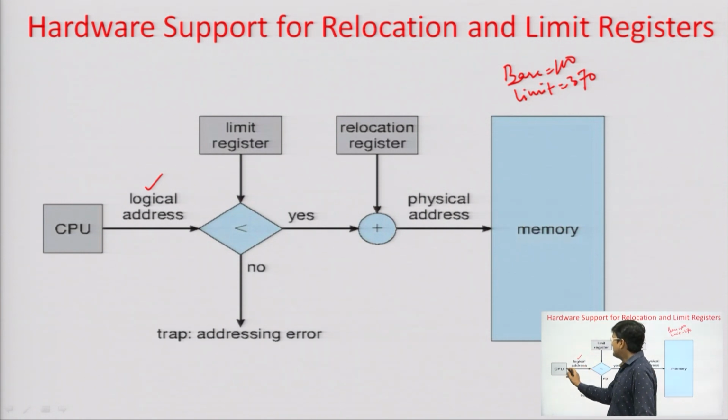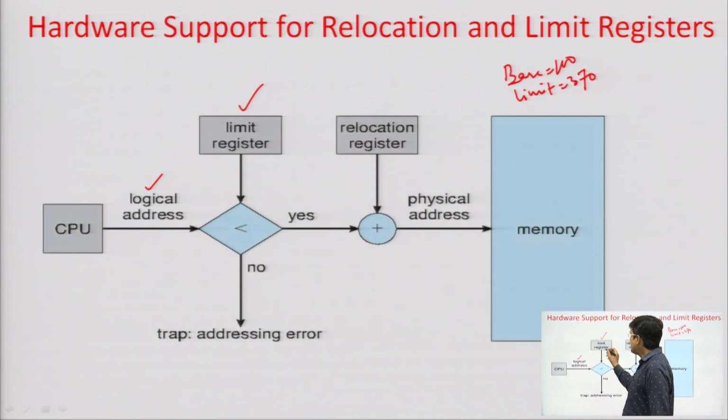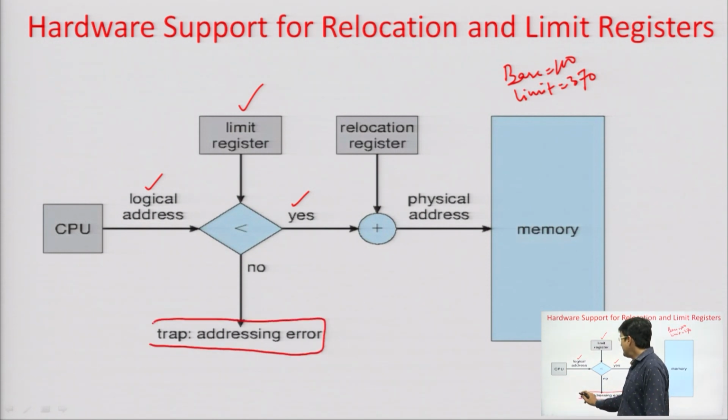The CPU should refer to an instruction that is less than the size of the process, and the size of the process is stored in the limit register. So, if the logical address, meaning the address issued by the CPU, is less than the limit register, then it is fine. Otherwise, we will throw a trap, which is a memory addressing error.